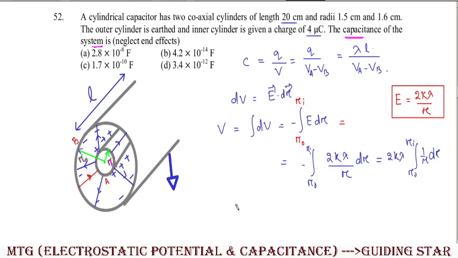Then the potential difference will have a negative sign: minus 2k lambda, integral of 1 upon r dr, which will be the natural logarithm of r, with limits from ro to ri.